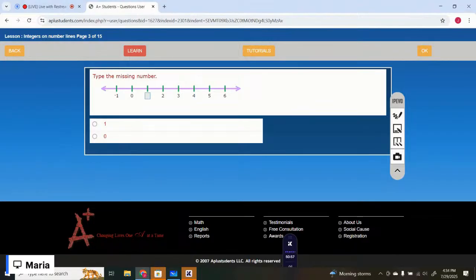Type the missing number. That is 1. Option number 1 is the correct option.